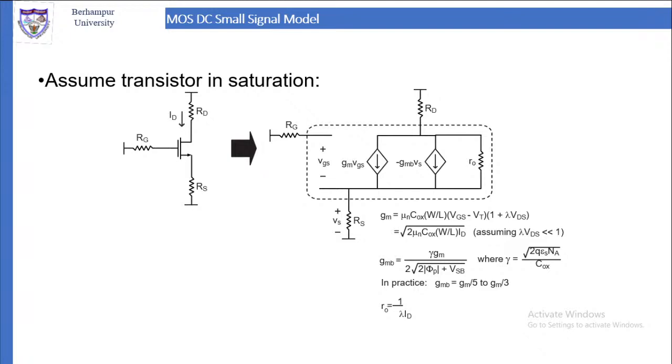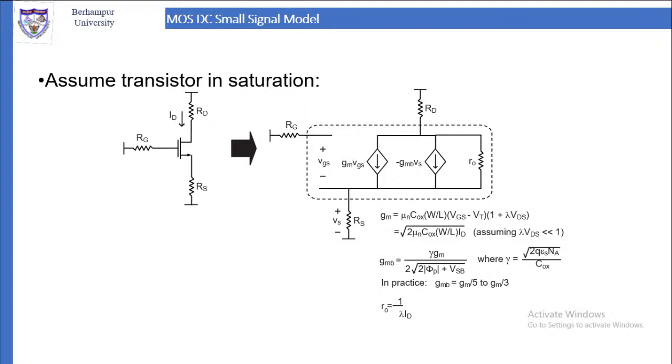Therefore, this transistor contains a current source, equivalent to a current source controlled by VGS. That current source is VGS into Gm. Gm is the gain.